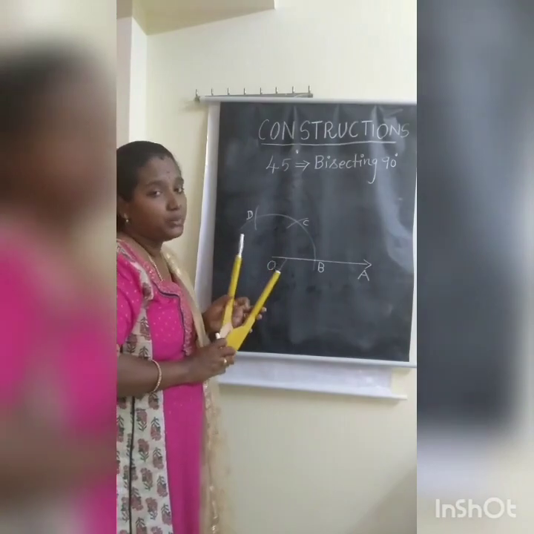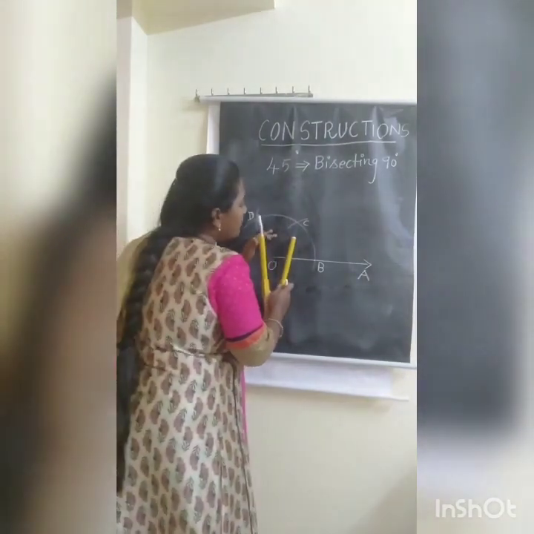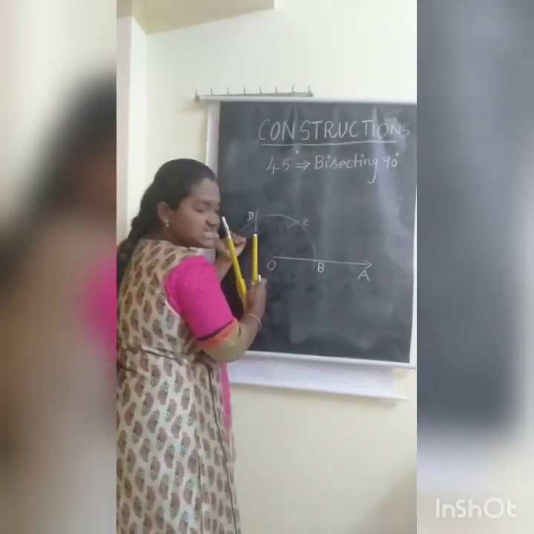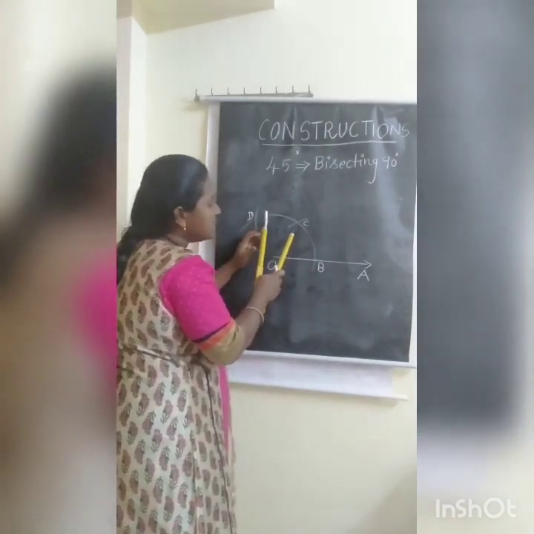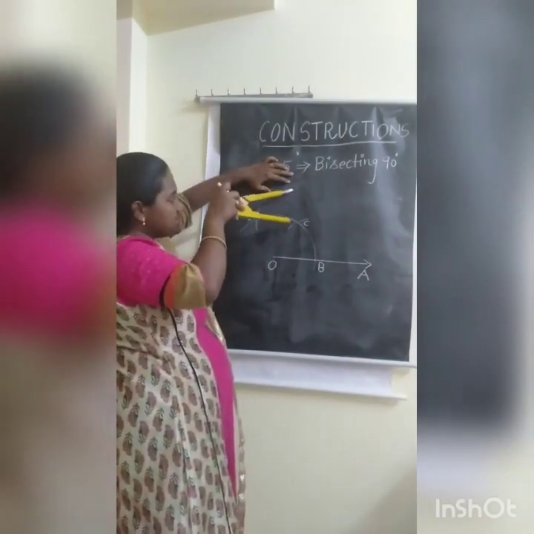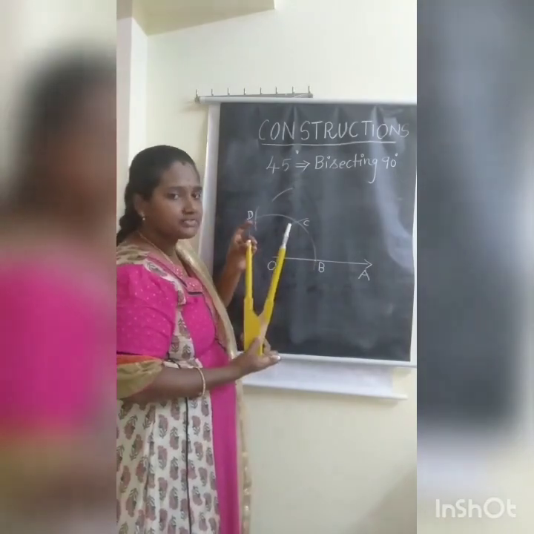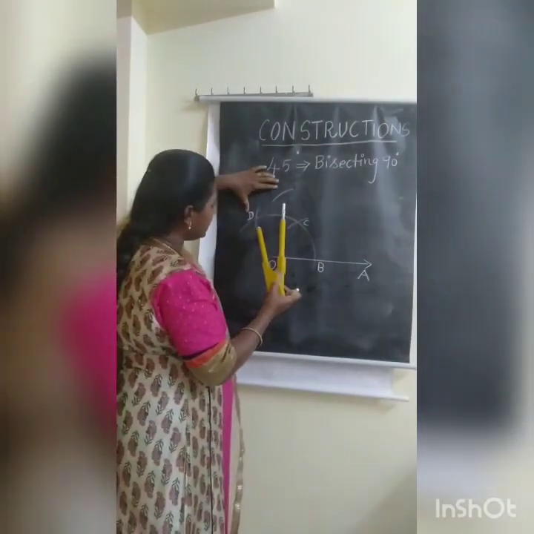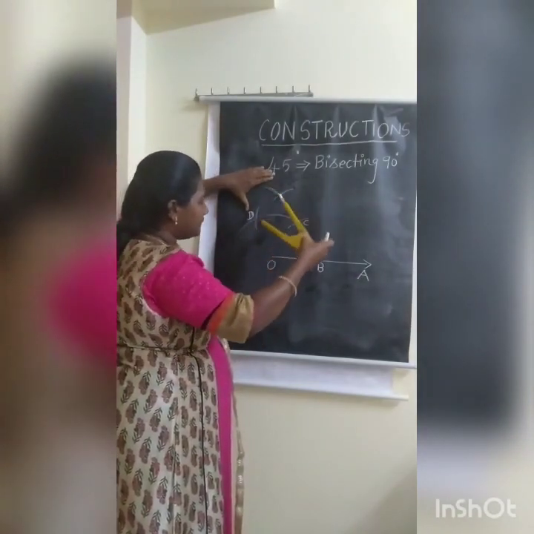For bisecting, we know we have to take more than half radius. We have to take more than half radius of 60 and 120 here. This is 60 degree. This is 120 degree. I have kept the fixed point of the compass at C and drawn an arc, and without changing the radius, I keep it on D and draw an arc.